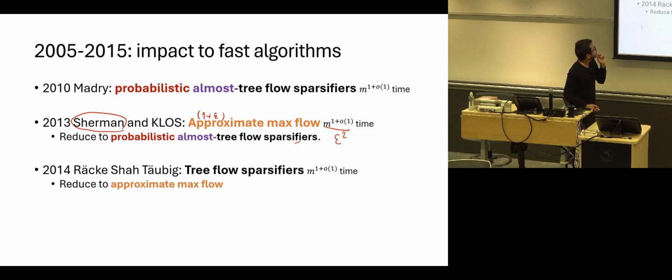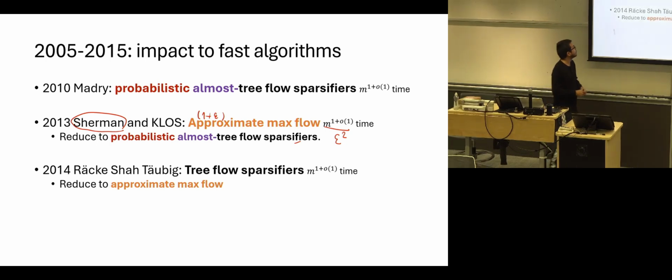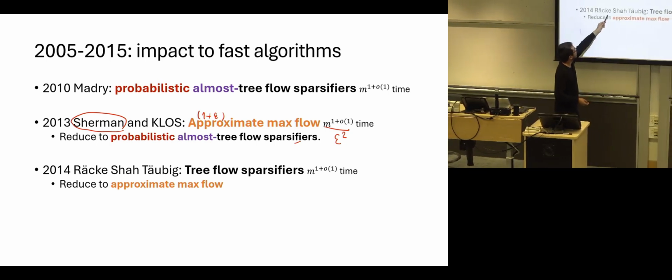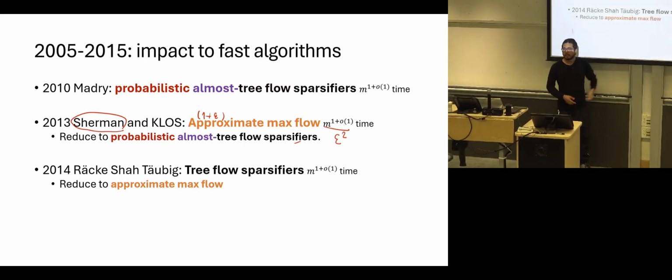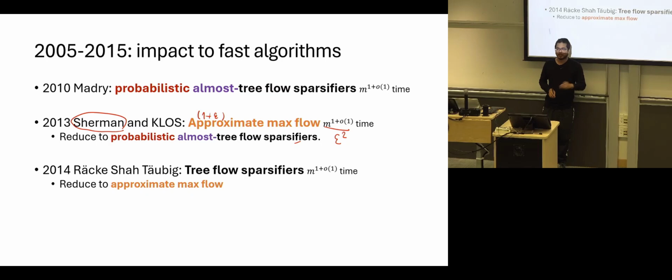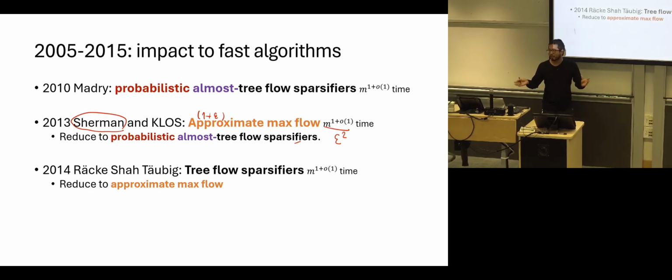But then, once approximate MaxFlow is fast, this paper shows how to get tree flow sparsifier based on approximate MaxFlow. We also learned, by the way, how to compute tree flow sparsifier fast in polylog MaxFlow calls. It's basically this paper, but I just assumed exact MaxFlow to simplify the discussion. Even if you allow approximate MaxFlow, it just extends.